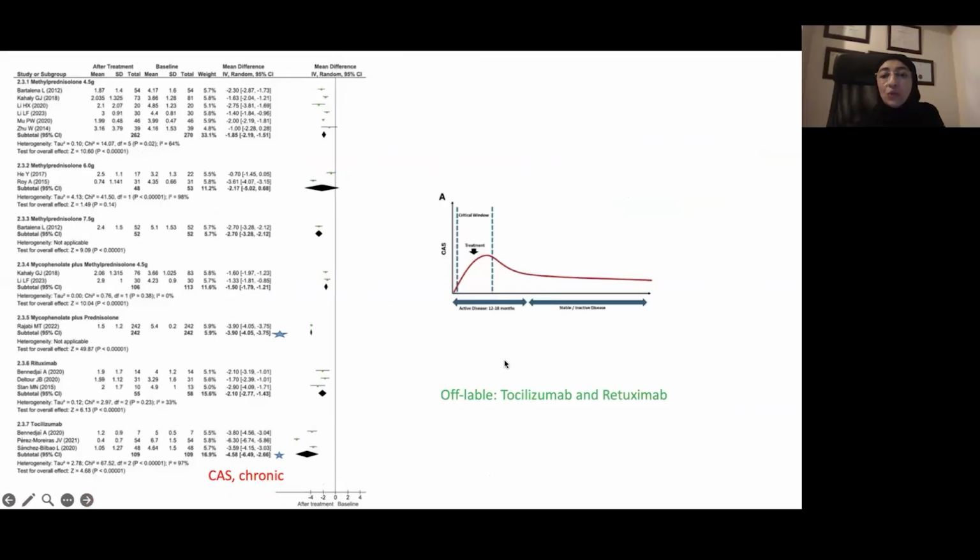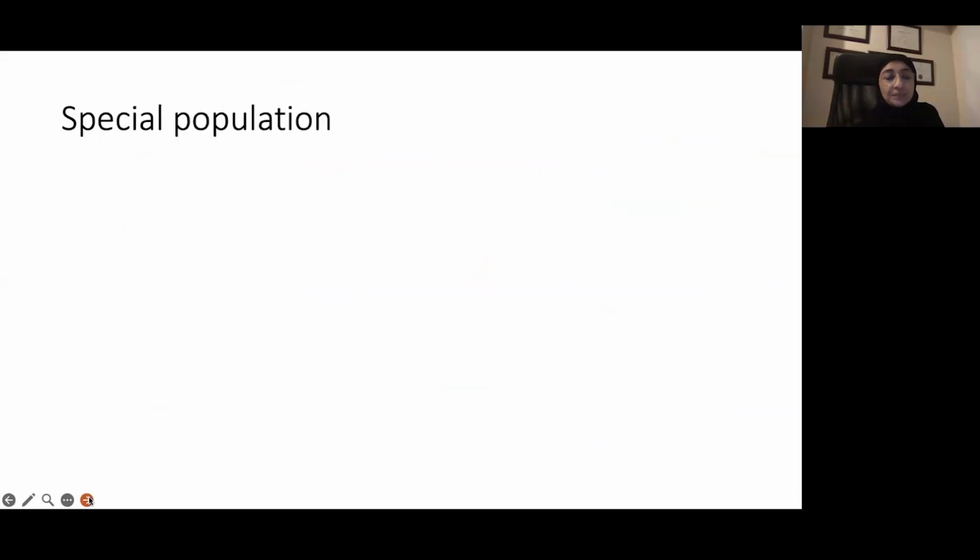We still use tocilizumab and rituximab, their off-label use, before the introduction of teprotumumab. However, with that introduction, we might change our practice, bearing in mind the cost of this medication.